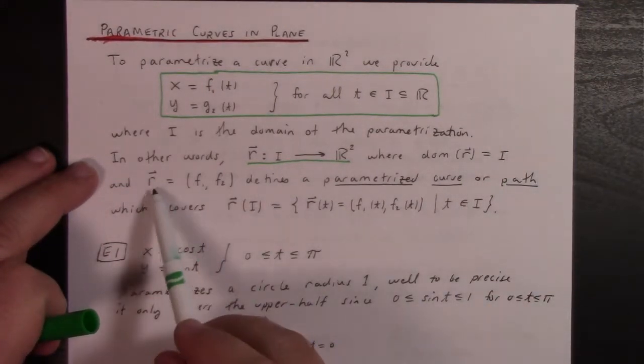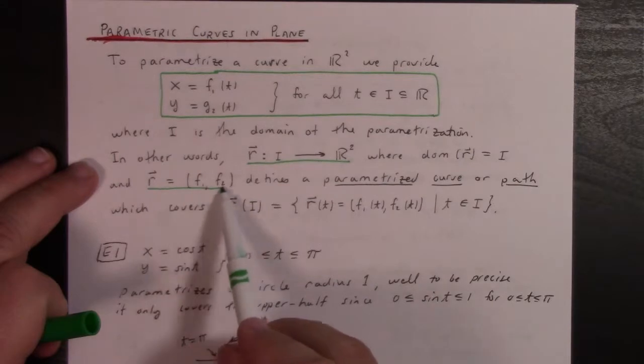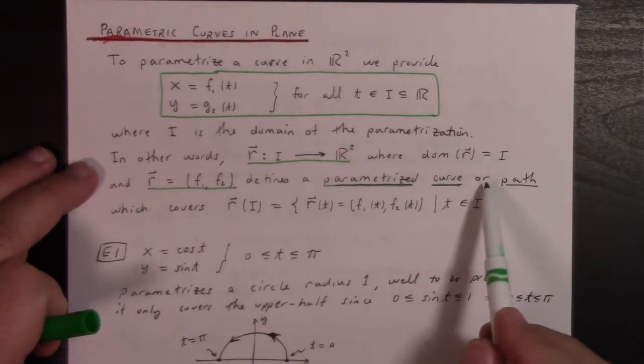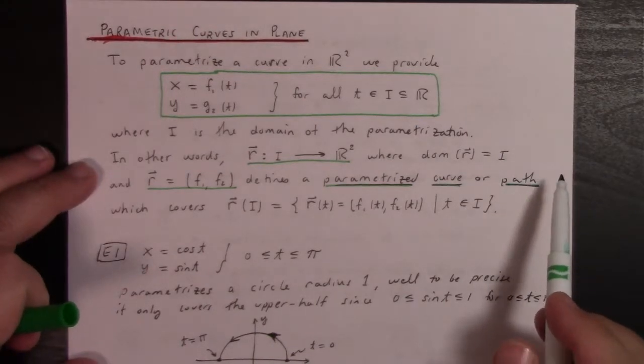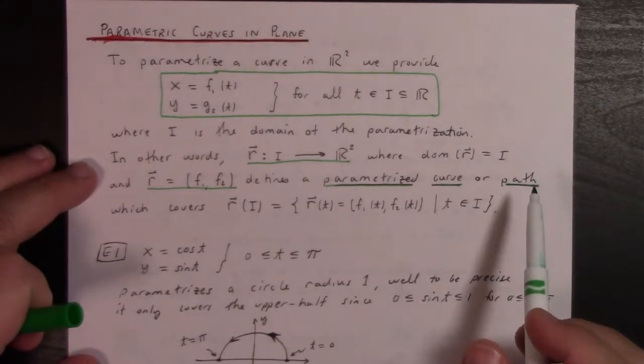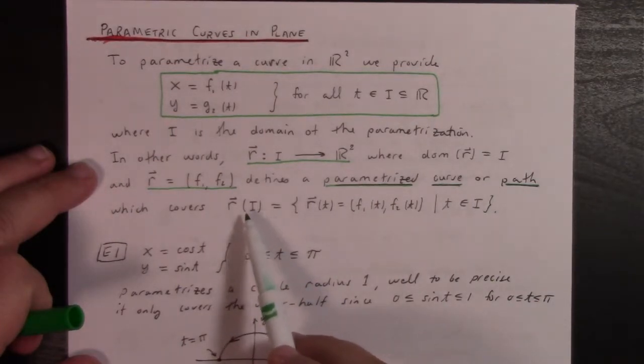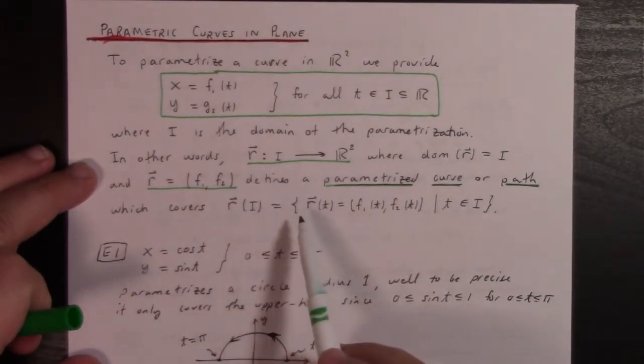In other words, a parameterization is a pair of functions, and that defines a parametrized curve, or sometimes we call it a path. Now the image of that path, the set of all points which it reaches, R of I, this is some set image notation.